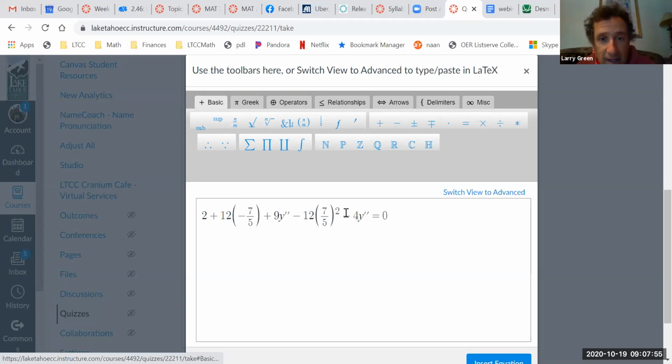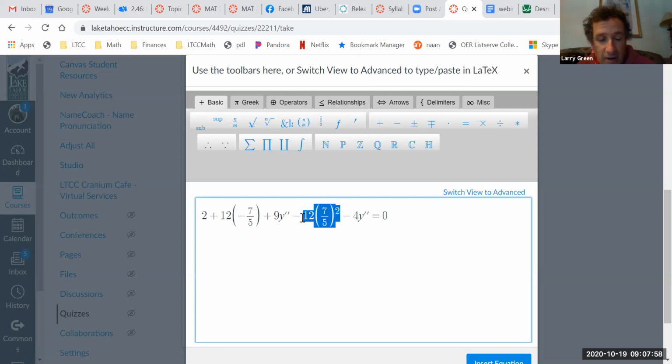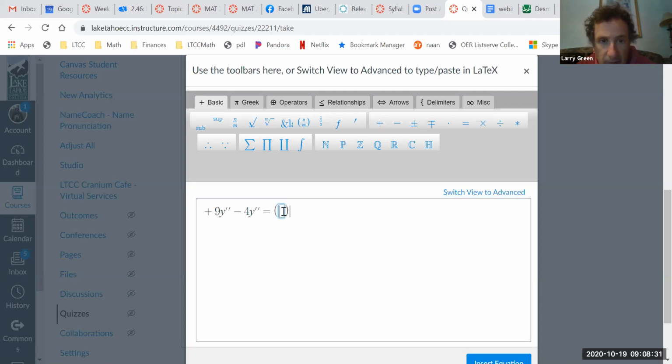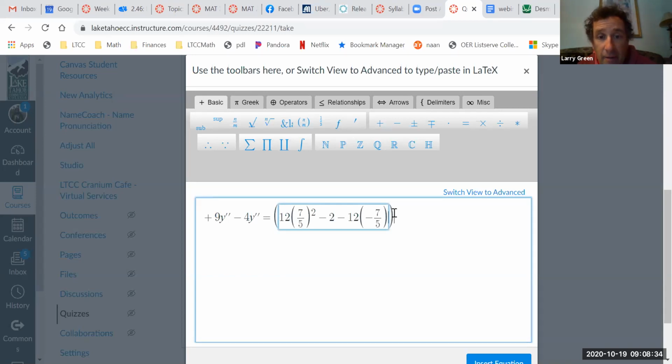Let's do that. To solve for y double prime, I'm going to move this term over, and then subtract these terms. Then I have to divide by 5.